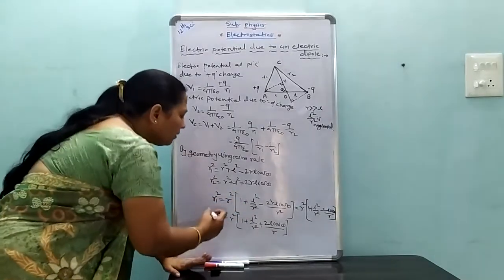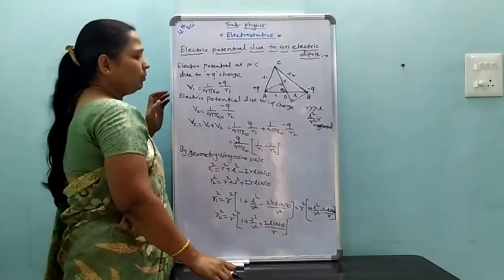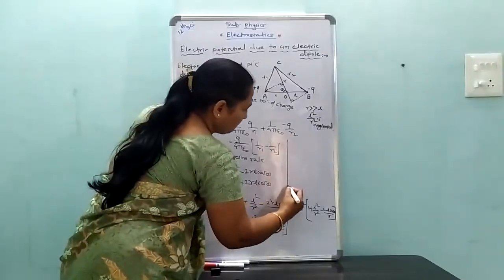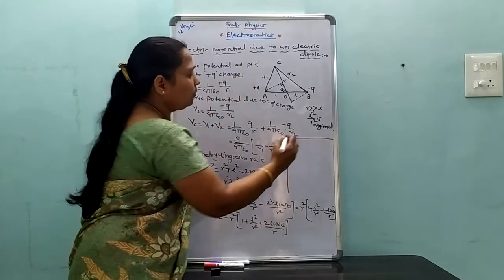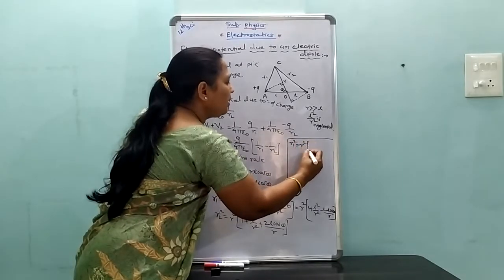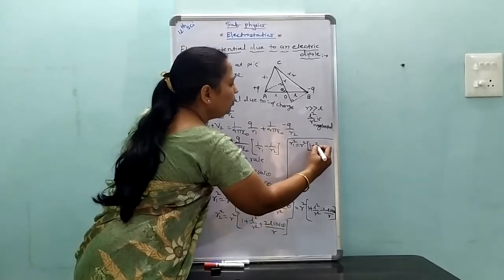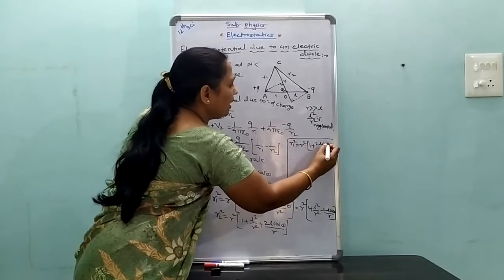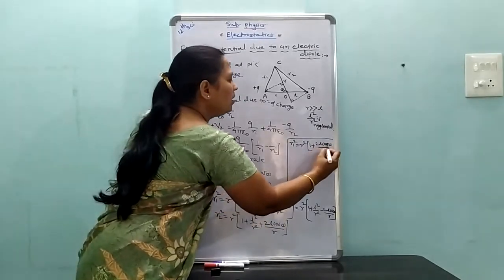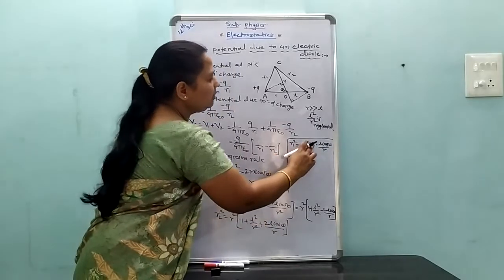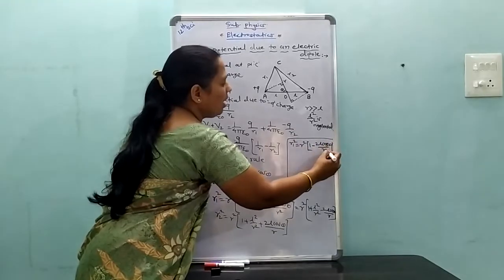Hence, the remaining terms are: R1 square is equal to R square in bracket 1 minus 2L cos theta upon R, where the negative sign occurs.